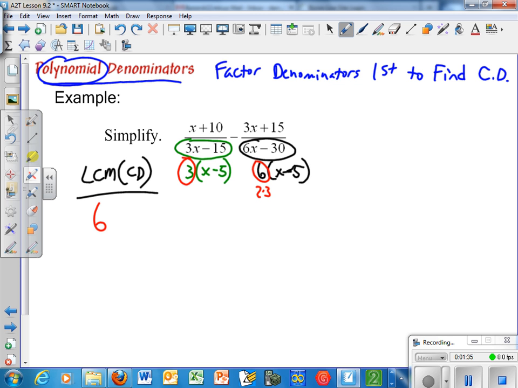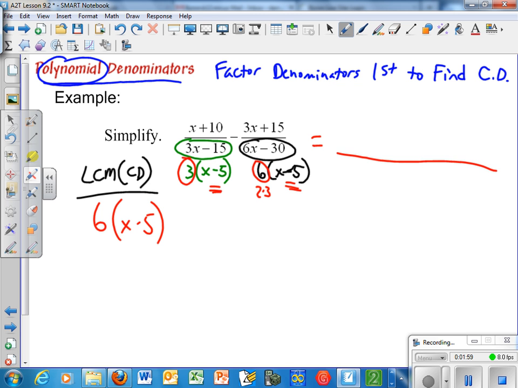I need my 2 factor and I need my 3 factor. So 2 times 3 would be 6. Smallest number they go into is 6. Now notice I have my x minus 5 factor. They're both to the first power, so I need that x minus 5. We did LCMs of polynomials earlier where we had to factor first. That's all you're doing here to find your common denominator. So there's my common denominator.